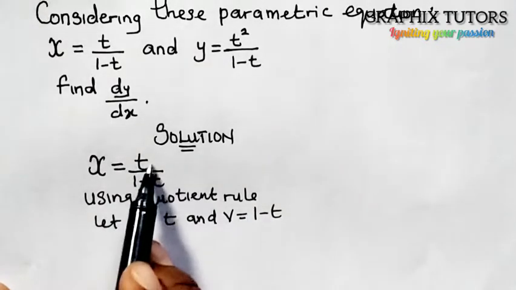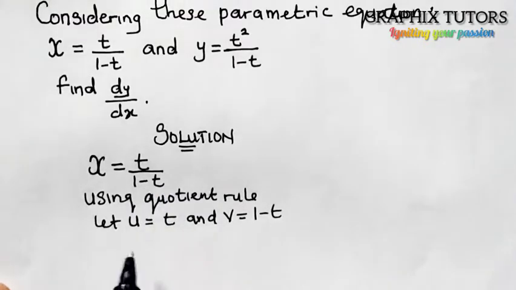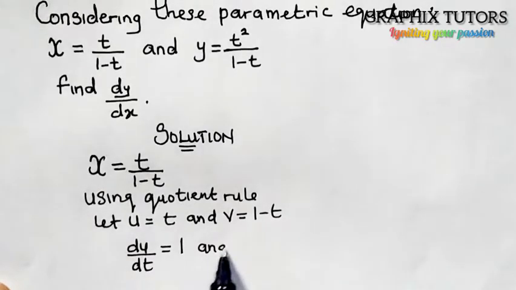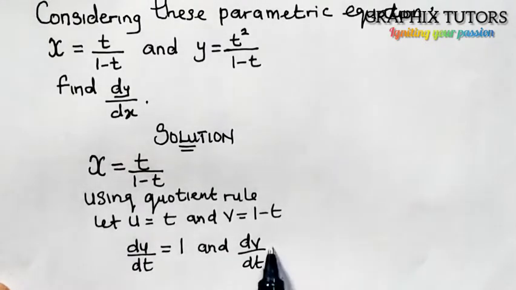U for the top one, and v for the down one. Now if you differentiate u with respect to t, this will give us 1, right? And if we differentiate v with respect to t, this will give us minus 1. If you watch my video on differentiation, quotient rule, you get to understand what I'm trying to say.